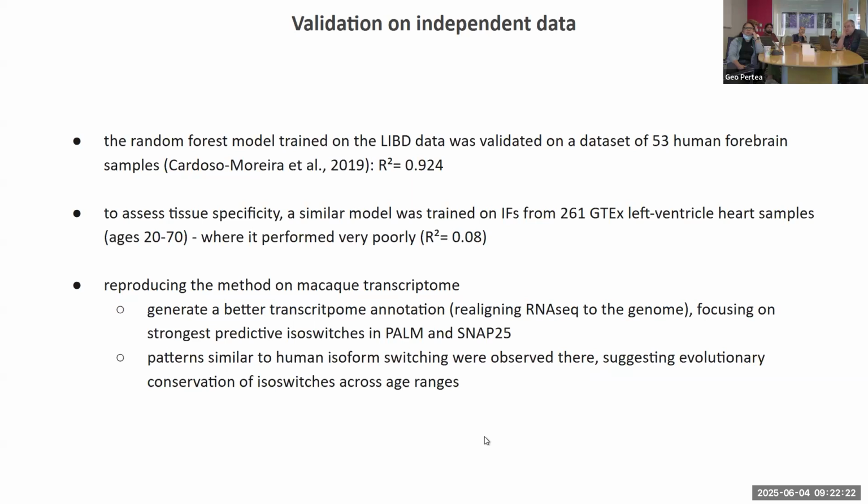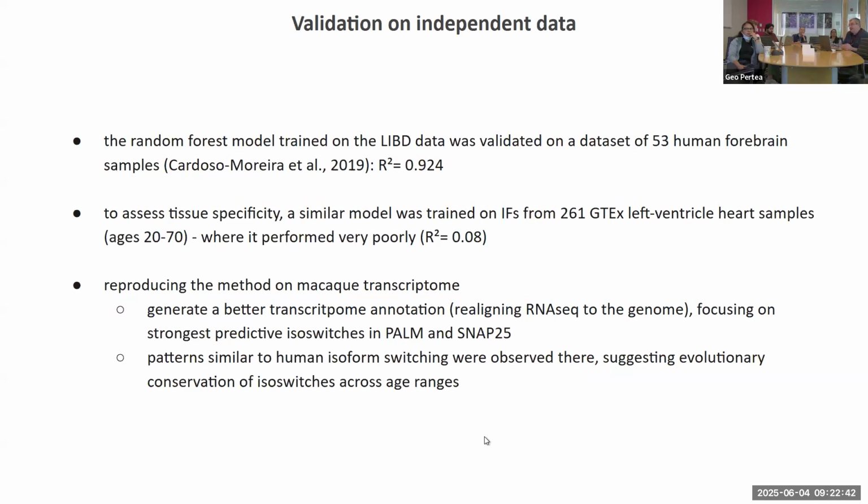But interestingly enough, they tried to reproduce the model in heart samples, left ventricle heart tissue samples, and the performance for this model was very, very poor, unexpectedly low, just 0.08.